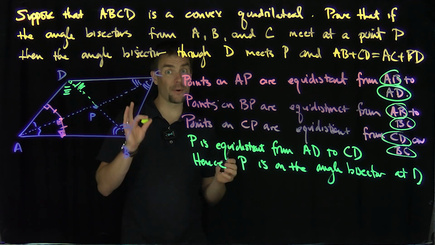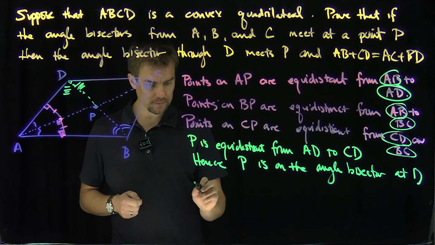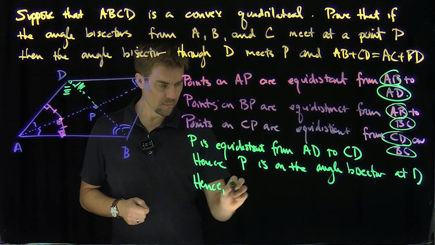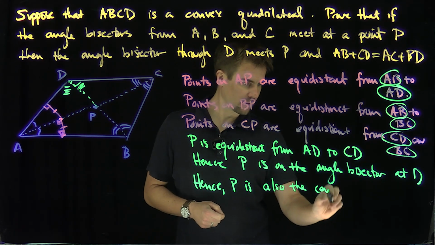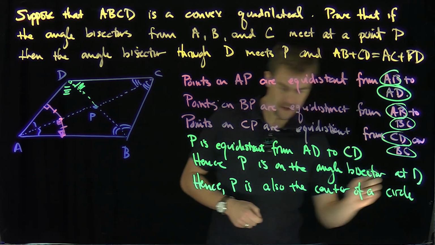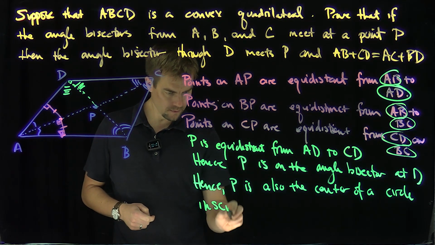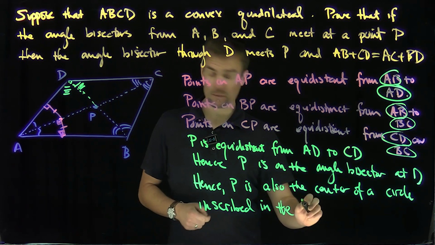That's beautiful because now what that gives me is, hence P is also the center of a circle inscribed in the quadrilateral.